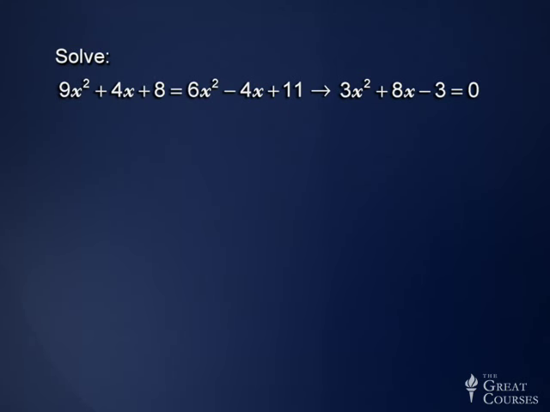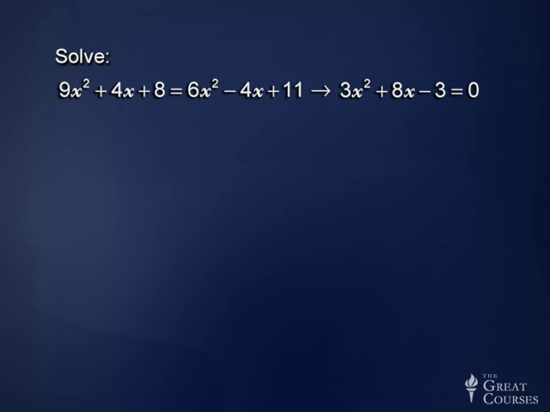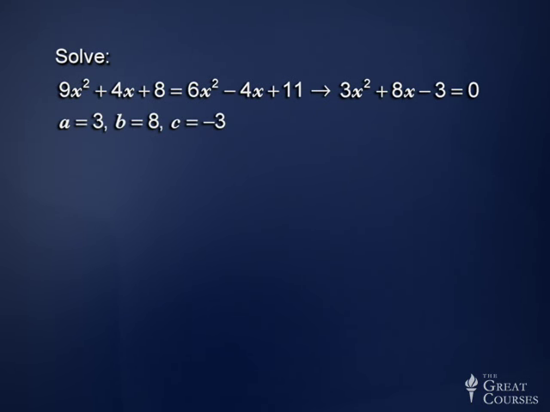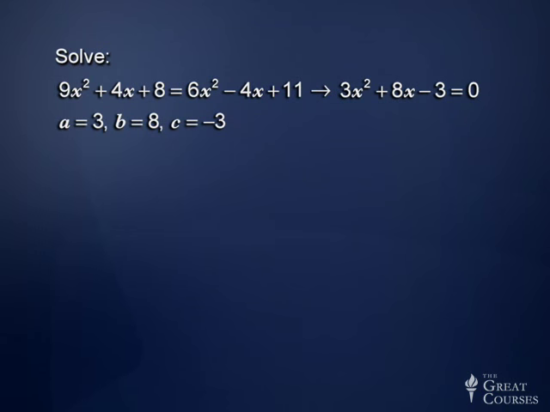Now, I don't know about you, but I don't even want to start trying to factor that. I mean, we could, and we could spend some time thinking about it, but now that we know the quadratic formula, and hopefully some of us are getting comfortable with it, I say we just use the quadratic formula. In this case, the value of a will be 3, the value of b will be positive 8, and the value of c is negative 3.